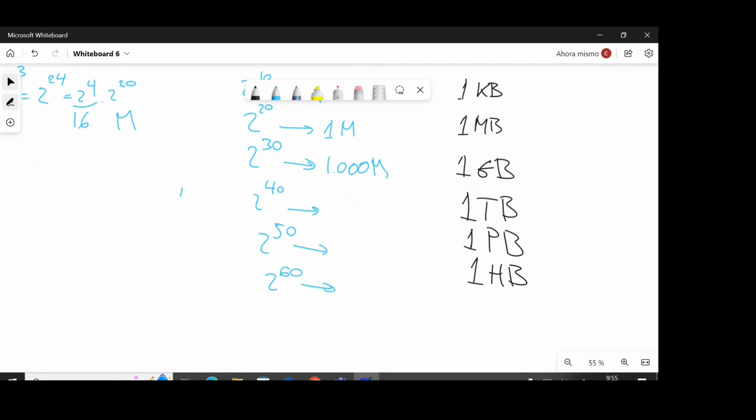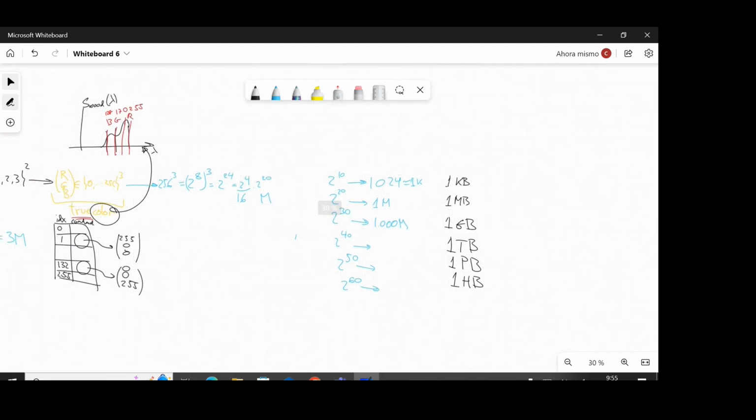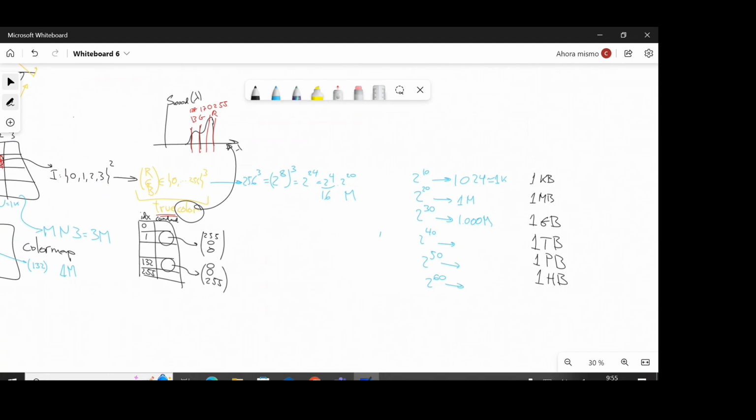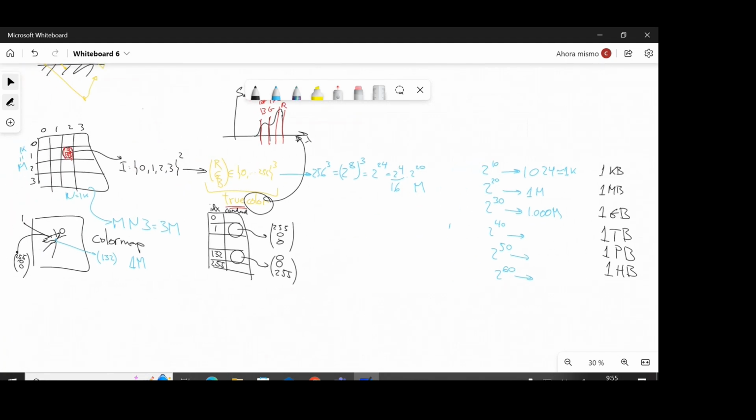Okay, good. So where are we? True color and color maps. With true colors, we can represent 16 million colors. With color maps, how many different colors can I represent if I use this table to represent my colors? 256.